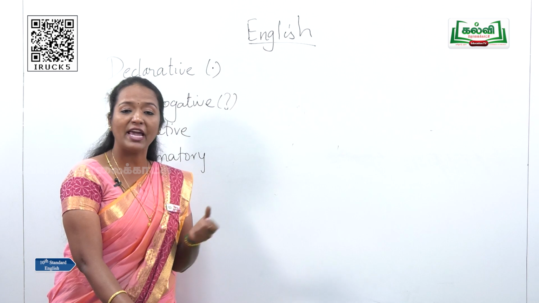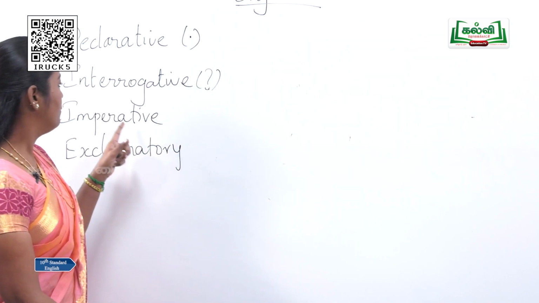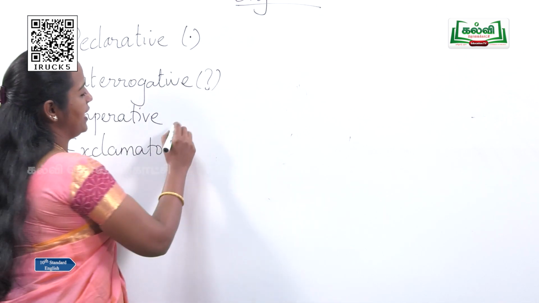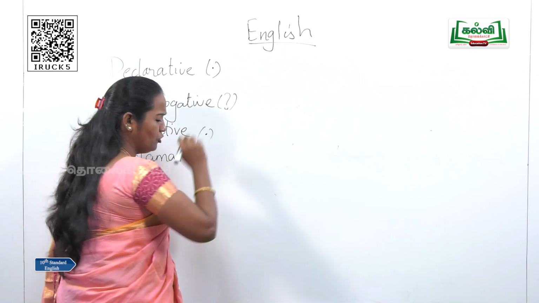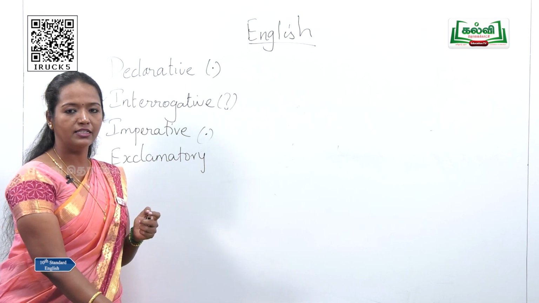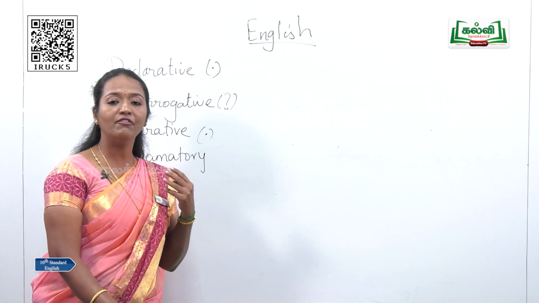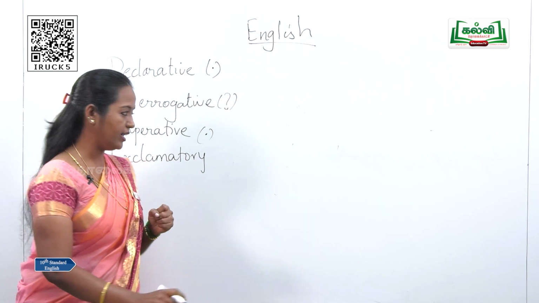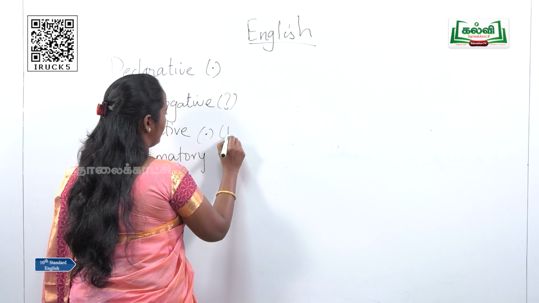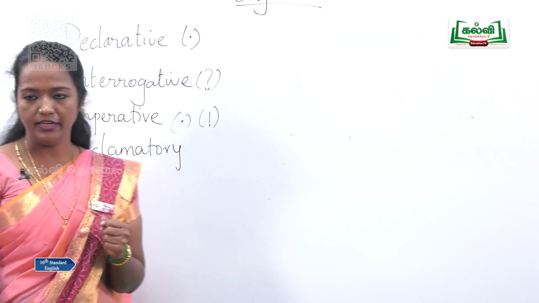It uses the base form of verb to introduce a sentence. And most imperative sentences end with a full stop only. But when an imperative sentence is talking about commands that are really forceful and very angry, it may also end with an exclamation mark. And then comes the exclamatory sentence.